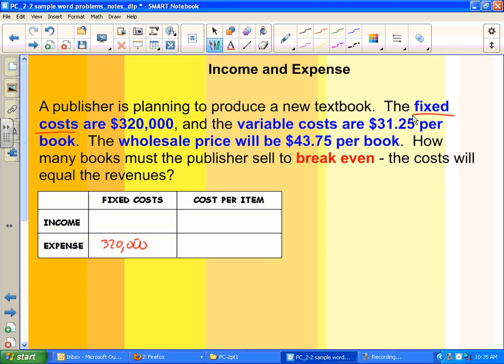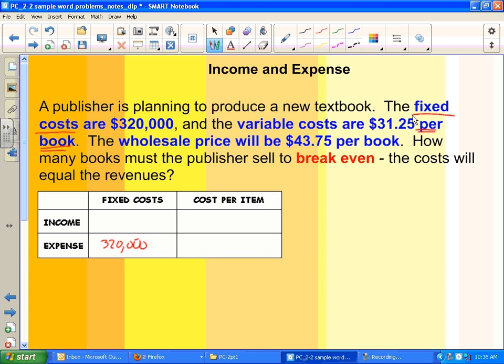Then we have a variable cost, and these are the guys that change per something. In this case, I have a per book. And what that means is that's how much it costs me to make the book. I have $320,000 for all the equipment, the building, whatever that is, and then I have $31.25 to make every single book.